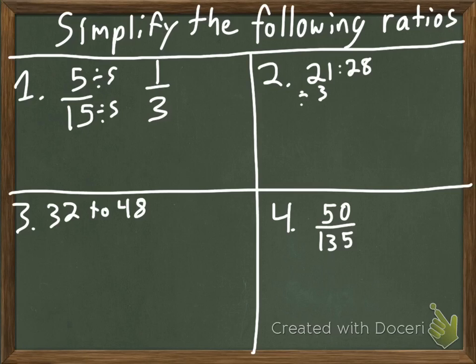These are both divisible by, not 3, but a bigger number, 7, and we get 3 to 4. 32 to 48, they are both divisible by 16, and you get 2 to 3.